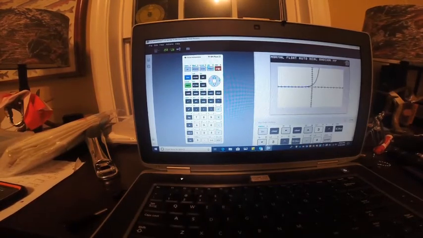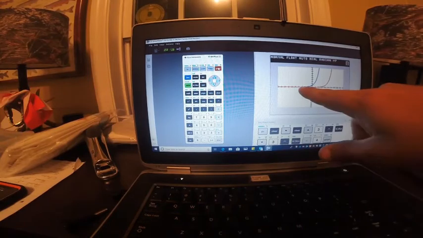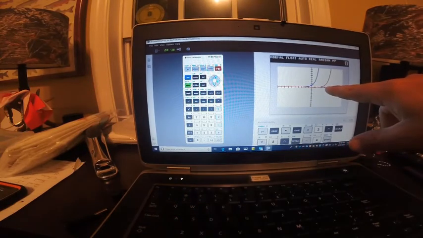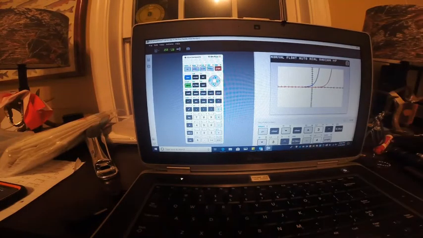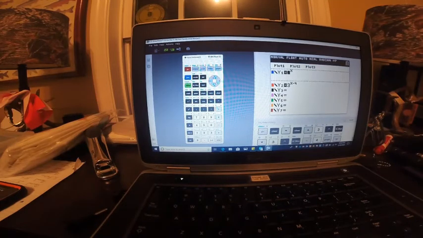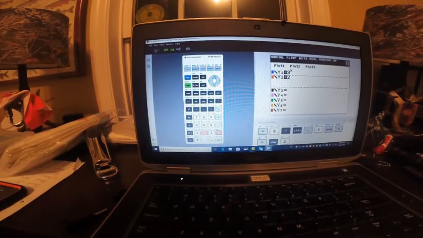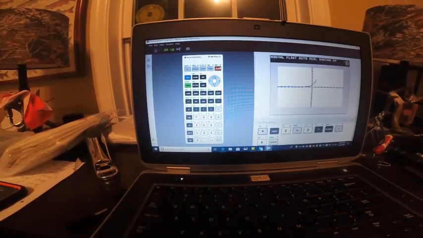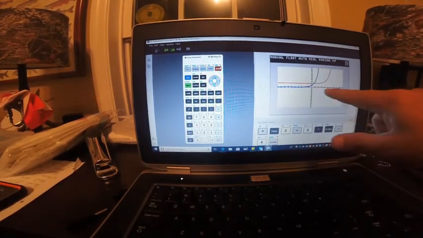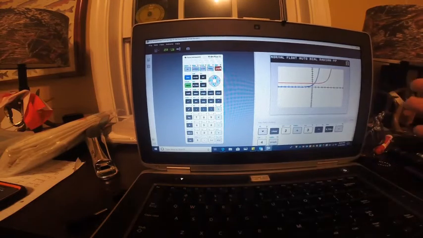So if we graph that, you can notice this function is clearly shifted right 4 units. If we look at our second function, I'm going to clear this one out and put our second function in: 2 plus 3 raised to the x minus 4. Okay, we're going to graph it. You notice it's moved right 4 units and it's moved up 2 units.